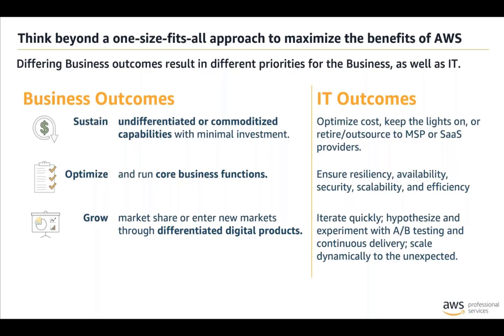These are areas of the business where the priority is growth, either by taking market share from competitors or creating net new differentiated digital products. Since uncertainty and ambiguity is high for these aspects of the business, the ability to iterate quickly, to learn, to hypothesize and experiment, and to use continuous delivery and A/B testing is non-negotiable.